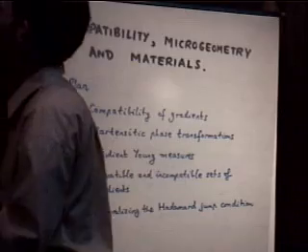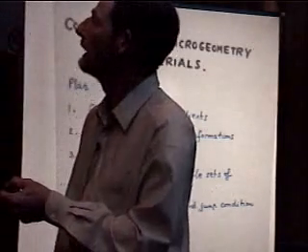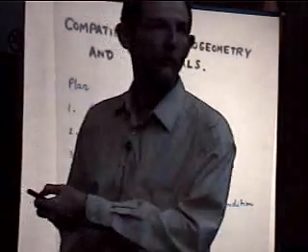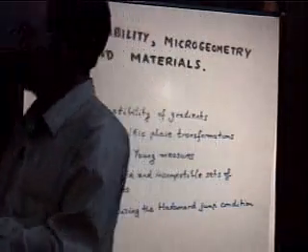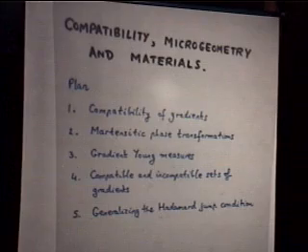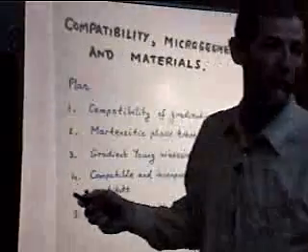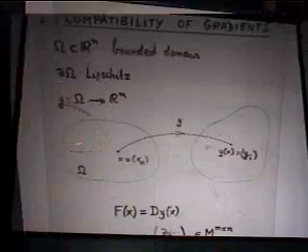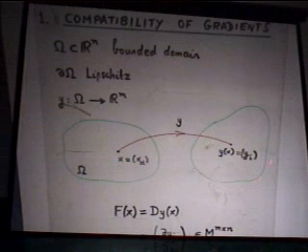Okay, there we go. A bounded domain omega in Rn with some reasonably smooth boundary, say Lipschitz boundary, and I'm going to be considering mappings from this domain, mappings Y, to a different dimensional space, possibly Rm. So here's the original domain, and here's its image.